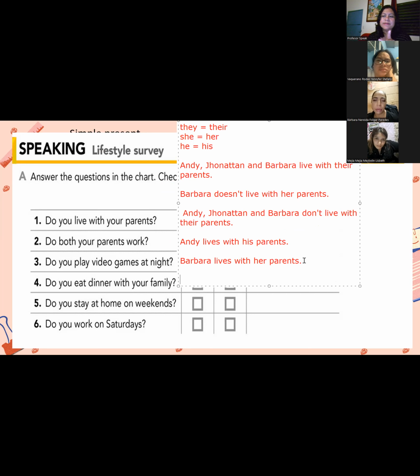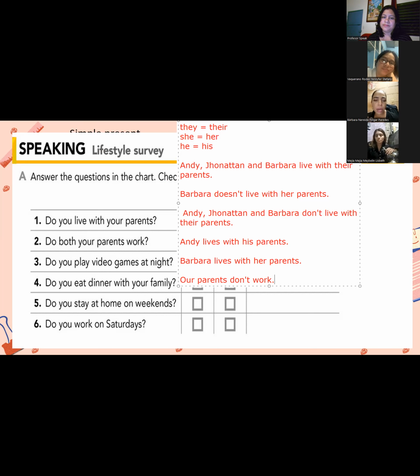Para referirse a que los padres de nuestros padres no trabajan, ahí solo our parents. Y aquí como parents es they: our parents don't work.